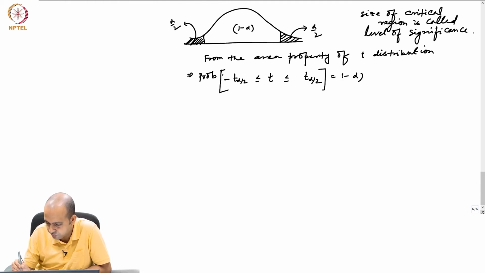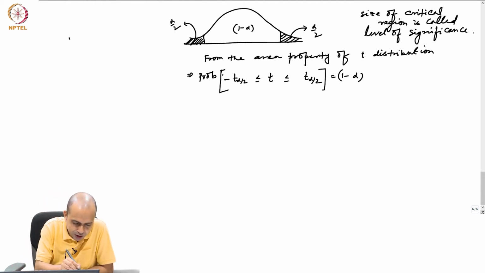Okay, 1 minus alpha. And what is T? T here is beta hat minus beta divided by standard error of beta hat.